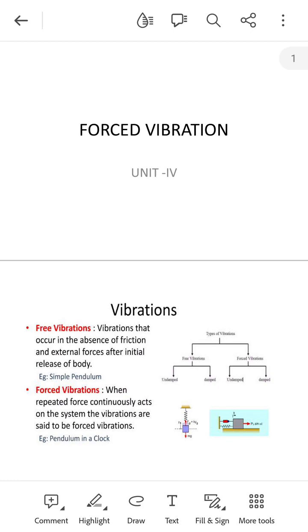Free vibrations are vibrations that occur in the absence of friction and external force after the initial release of the body. For example, a simple pendulum. Forced vibrations: when a repeated force continuously acts on the system, the vibrations are said to be forced vibrations. For example, the pendulum in a clock.